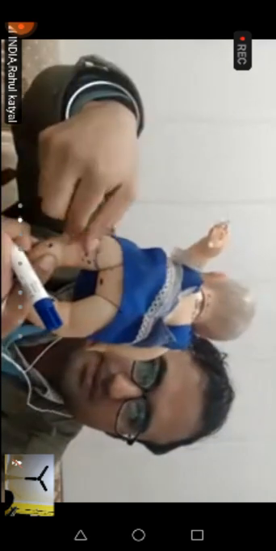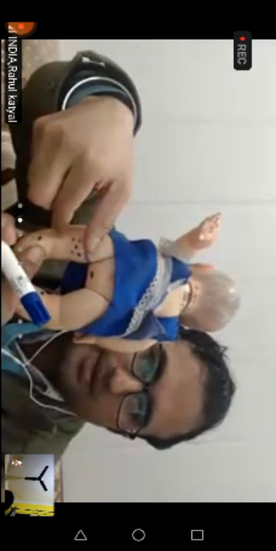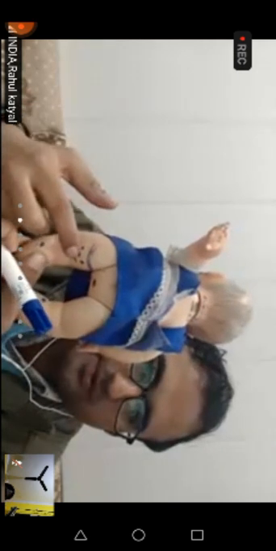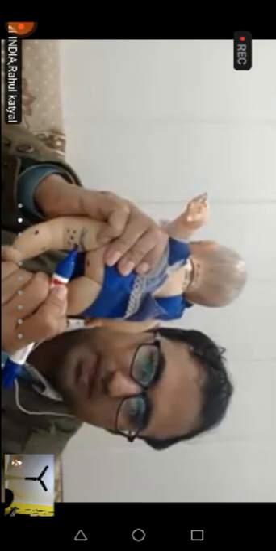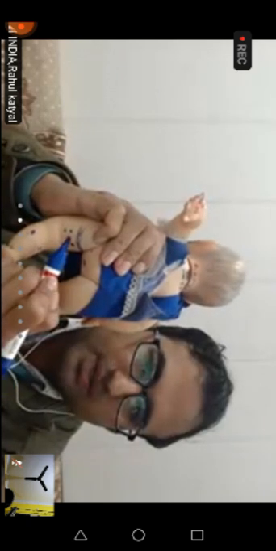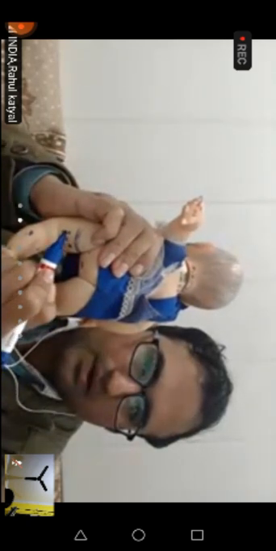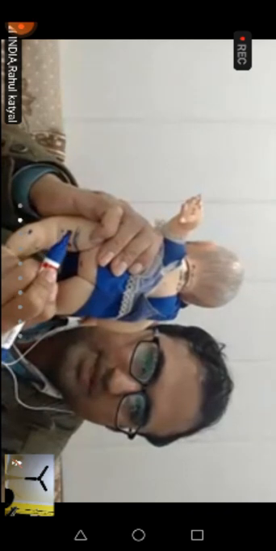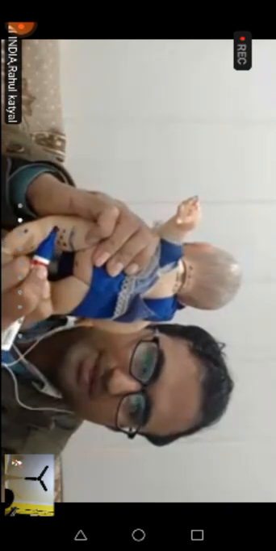Then we divide this area into two, so we find the one center point. From here go two zones in, one zone up. Again two zones in, one zone down. Similarly, two zones out and one zone up, and two zones out and one zone down. So we'll find 4 points, and all these 4 points are for the hamstring muscles.